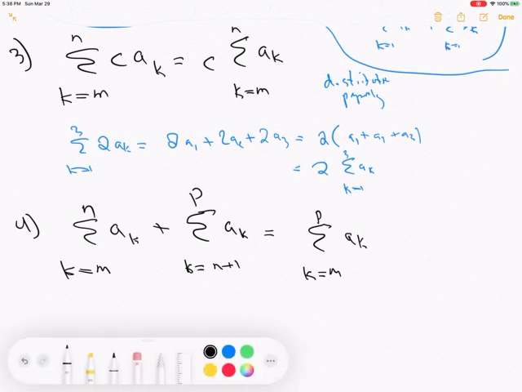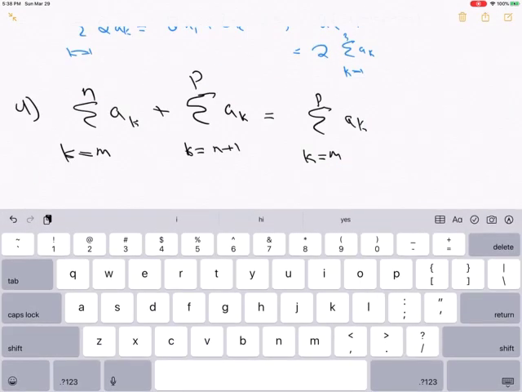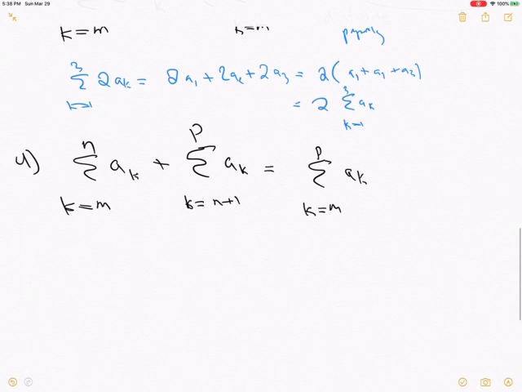And again, this is obvious, because first you start here and then you stop here, and then you start again and stop here. If, after you stop the first time, you restart one higher, then it's the same as just putting everything together.